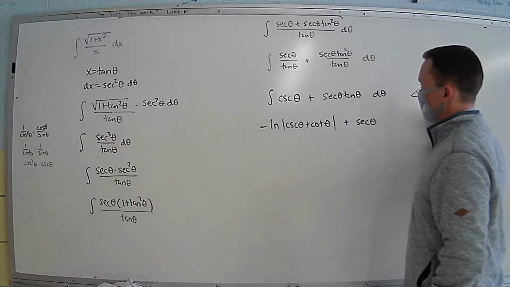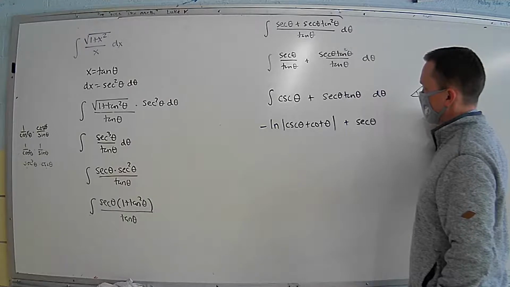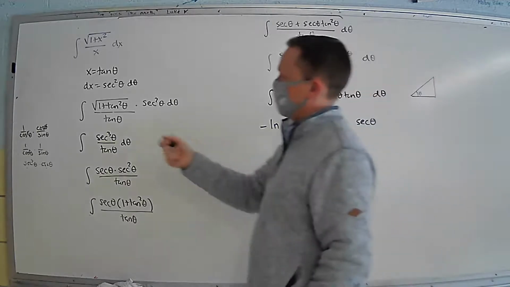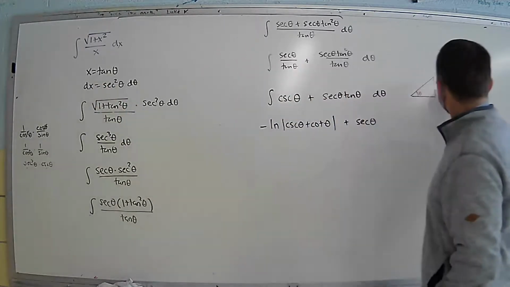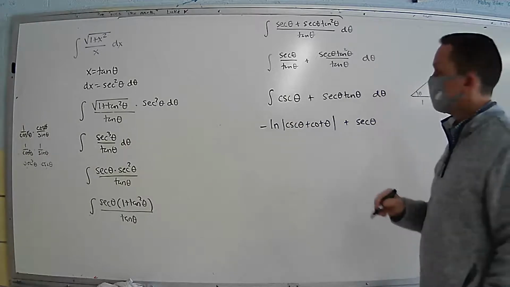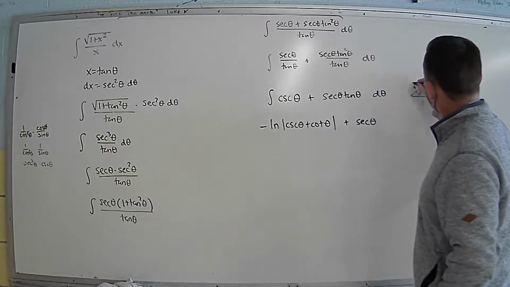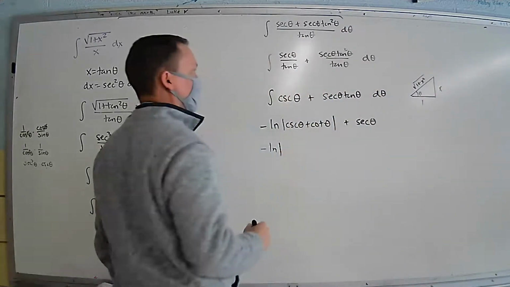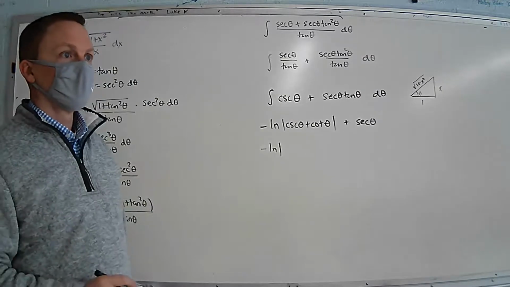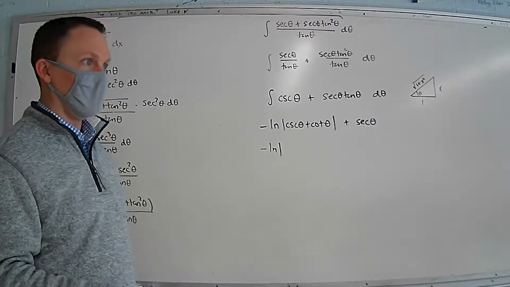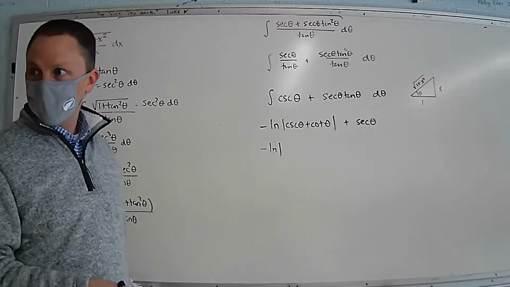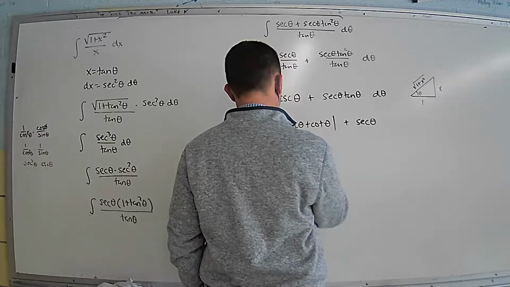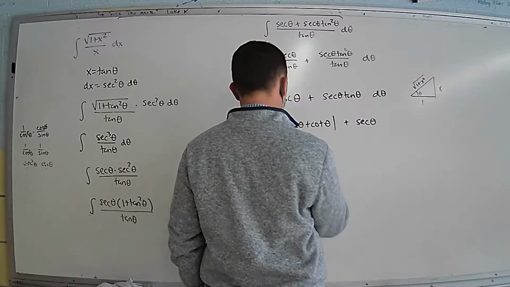So here's theta, right? Where's our defining equation? It's way back here. x equals tangent theta, right? So x over 1, square root of 1 plus x squared. So this is negative natural log. What's the cosecant of theta? Sine is opposite over hypotenuse, so cosecant would be hypotenuse over opposite. So that's square root of 1 plus x squared over x.